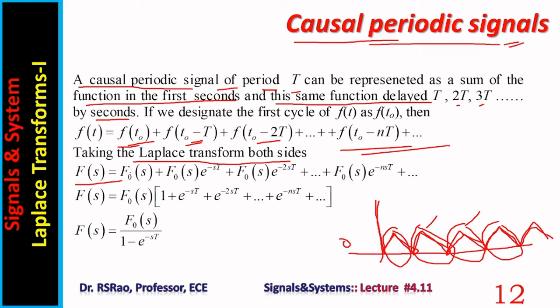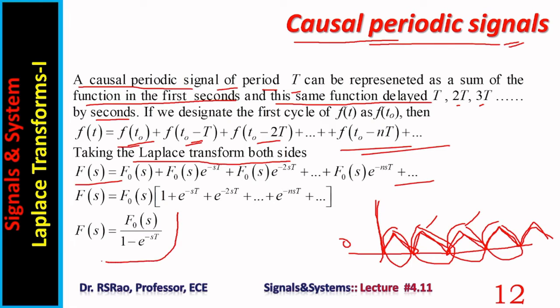It is equal to f naught of s plus f naught of s e power minus st plus f naught of s e power minus 2st, etc., etc. So it can be written in a compact form, f of s equal to f naught of s into 1 plus e power minus st plus e power minus 2st plus etc. e power minus nst plus.